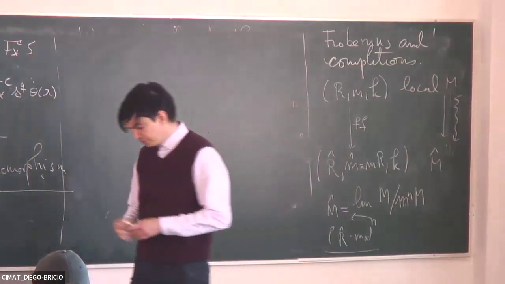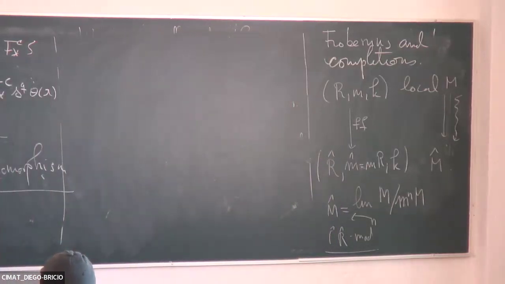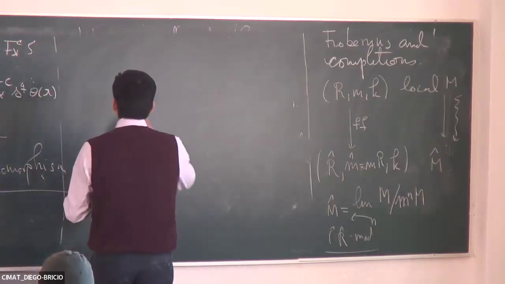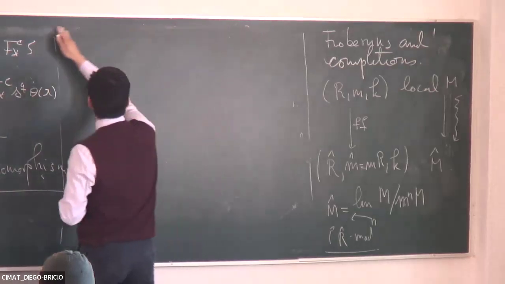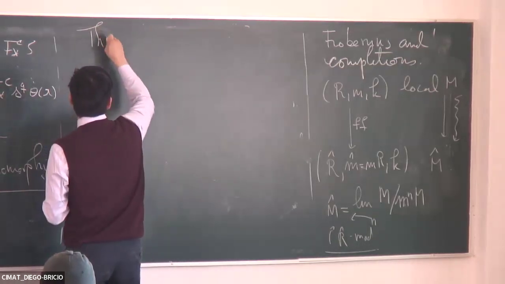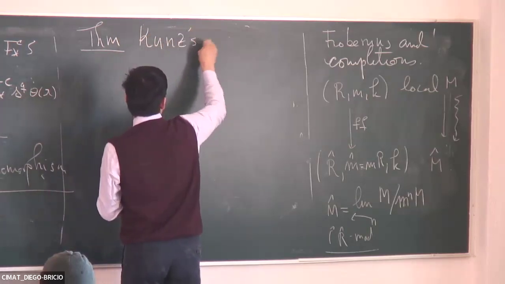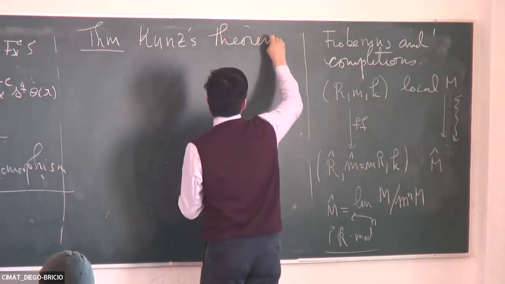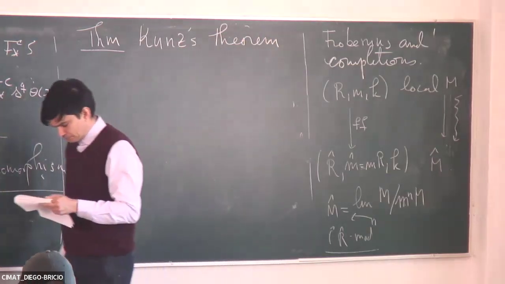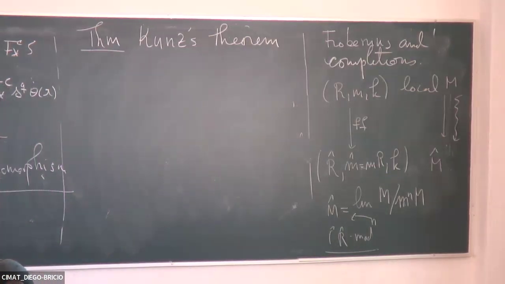So Frobenius is this thing that we've got to get familiar with, because of the following. This is Kunz's theorem. It's a rather old theorem, from 1969, but it's the genesis of the theory of F-singularities.